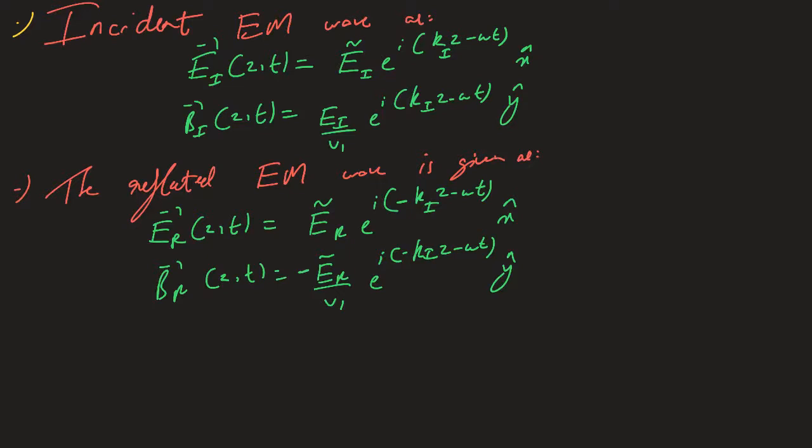Why? Because E cross B has to point in the direction of propagation, right? So something has to be different between this and this, and you can check that. We also had this when we looked at normal incidence at a dielectric interface.